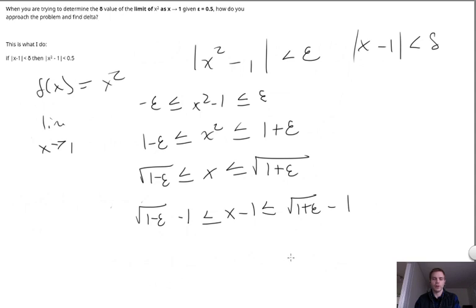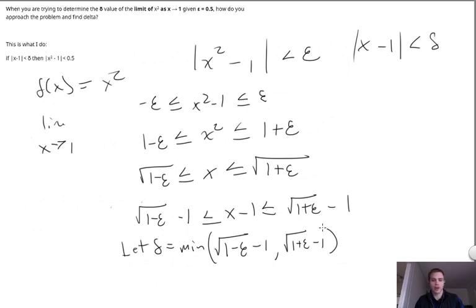Okay, so for this one, what you do is you say let delta be equal the minimum, because we want whichever one is smaller, of square root of 1 minus epsilon minus 1 and 1 plus epsilon minus 1. And there you have it.